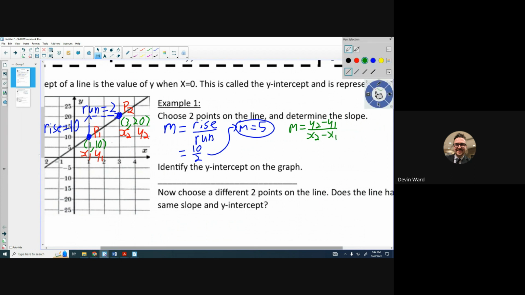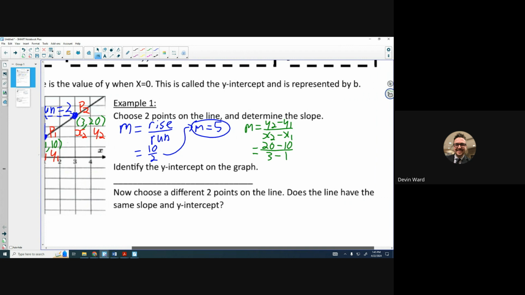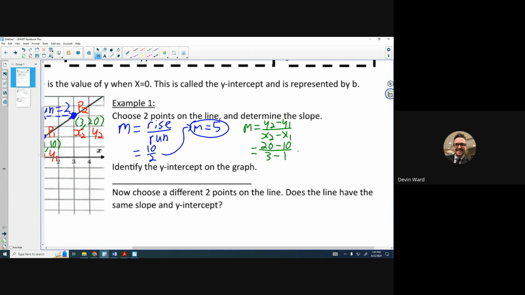So now when I sub this into my equation, what I'm going to get is my y2 is 20. So 20 minus my y1, which is 10, all over my x2, which is 3, minus my x1, which is 1. Is it important that I did 3 and 20 as my x2, y2? Could I do x1, y1? Of course I could.